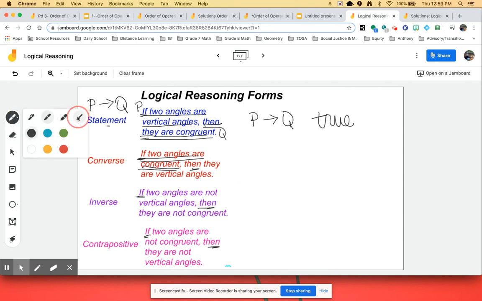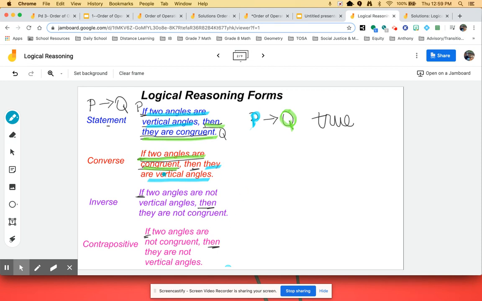The highlight on here is not very great. Let's try doing the green for my Q. So if two angles are congruent, then, and let's do red. No, that is red. Let's do blue. Then they are vertical angles. So we'll make our P the blue here.